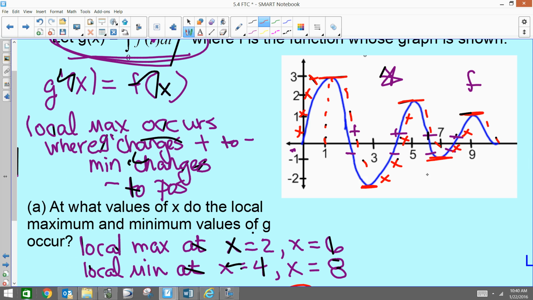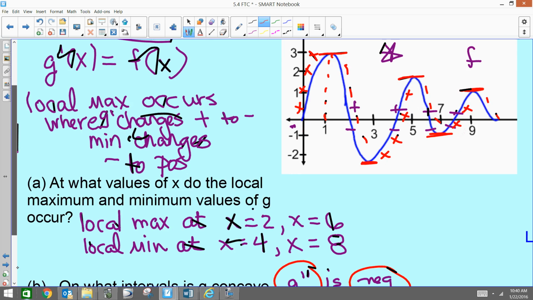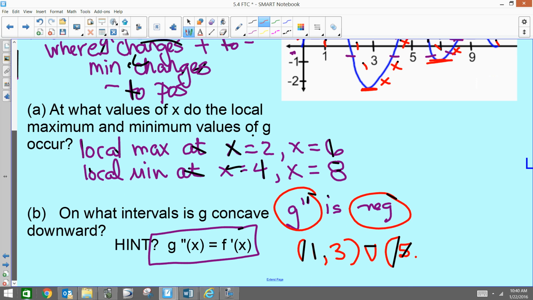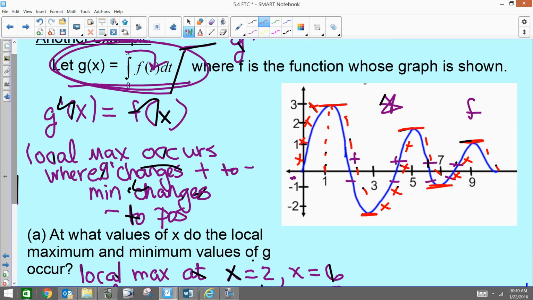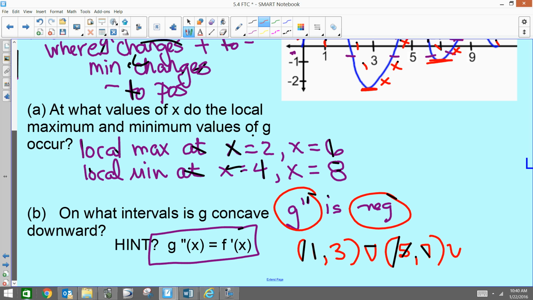Again at 5 to 7. And 9 to 10. That's all we know about. We don't know what's going on after 10. So you have to use the interpretation that we did before to get that.